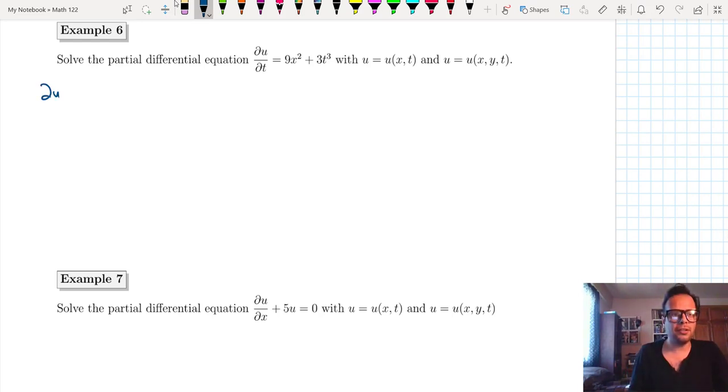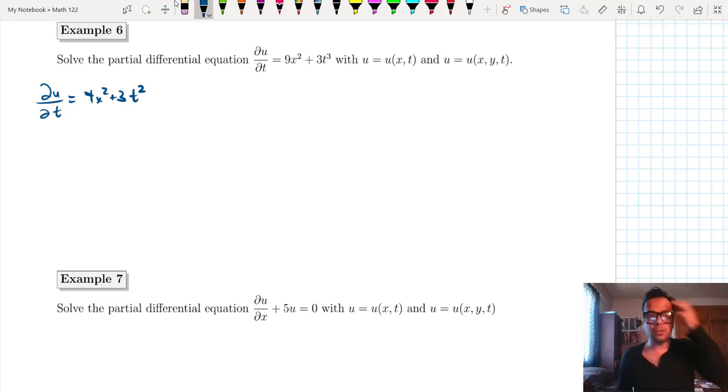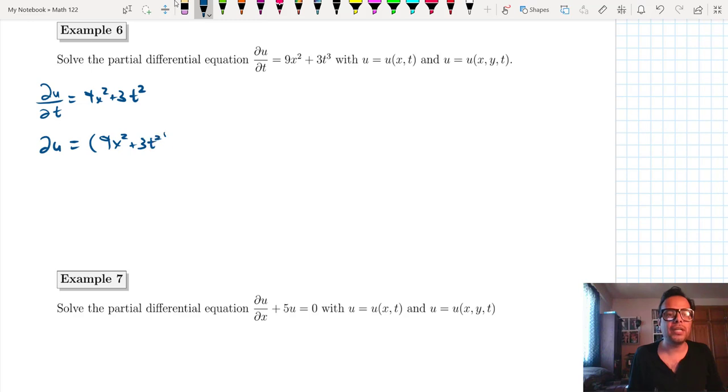So the partial of u with respect to t equals 9x squared plus 3t squared. This one is going to be more visual, you will see, because now we have something more solid to work with. We have more variables going on. So the partial u equals 9x squared plus 3t squared times partial t.